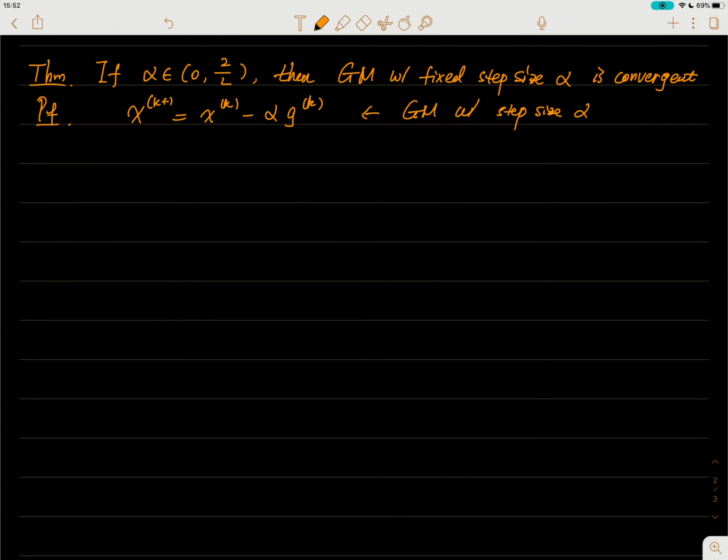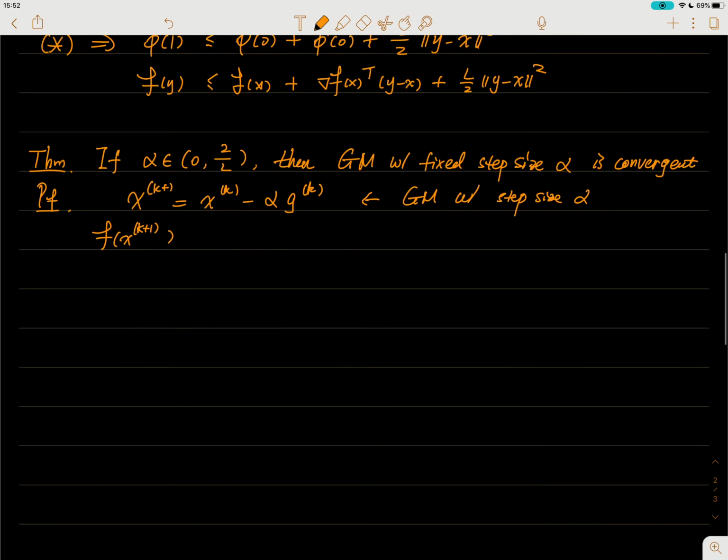So let's look at f of x k plus 1. Let me actually leave this equation here.